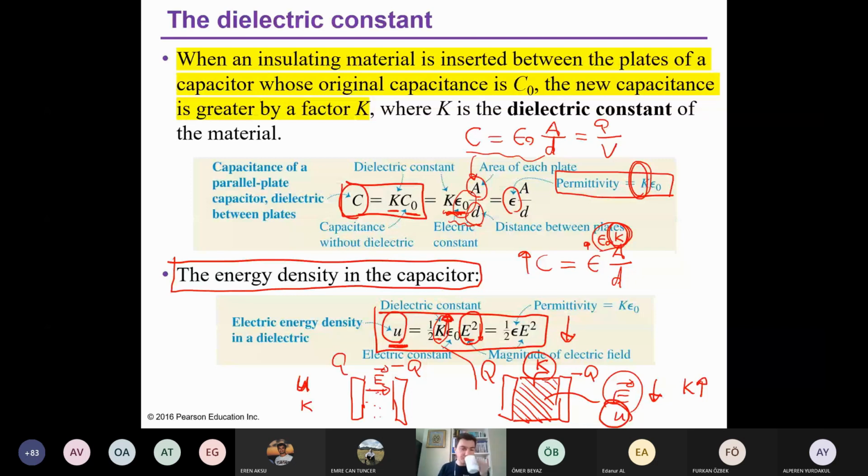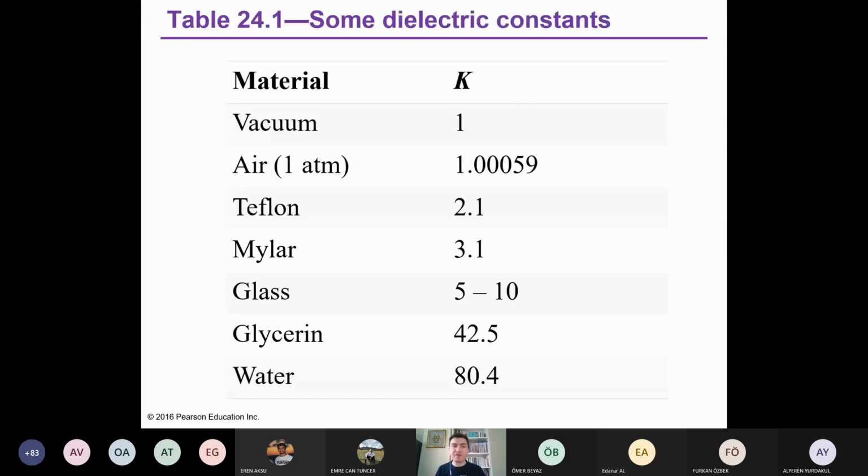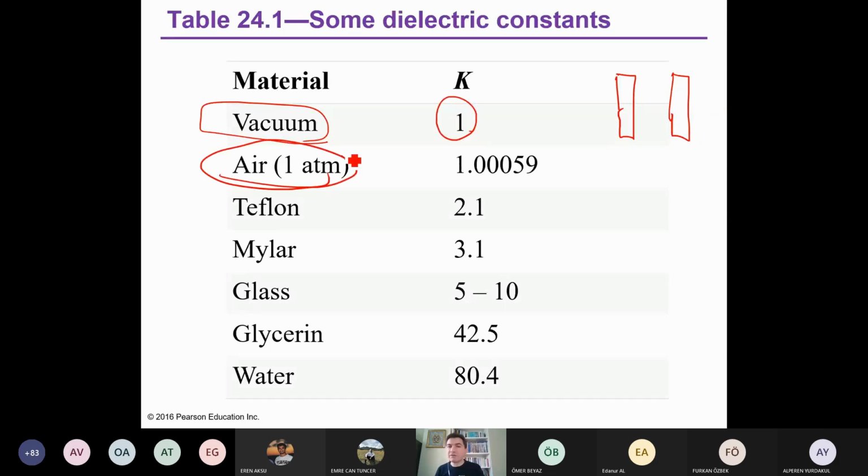Any question? Okay, let me discuss some dielectric constants of different materials. Here we have vacuum, with nothing between the plates, and the dielectric constant of the vacuum is 1. Just consider we have air between the plates. It is also close to the dielectric constant of the vacuum, 1.0059.